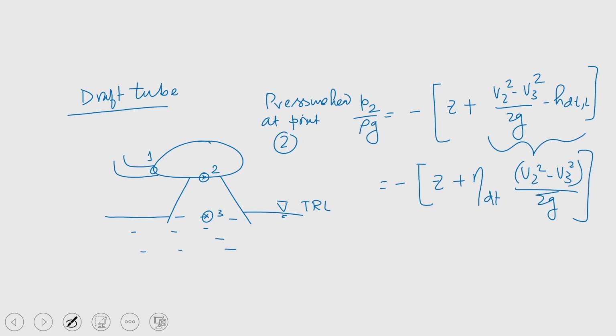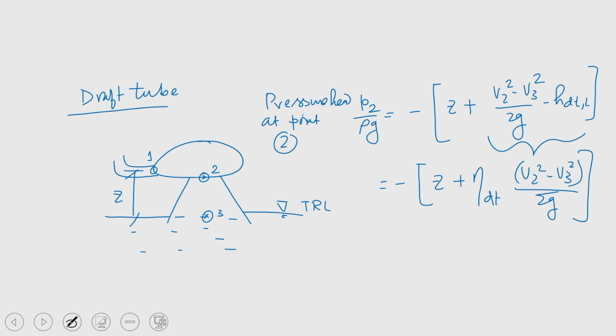What we can see from this particular expression is that if I try to discuss Z, so this is the Z. We have seen that this particular component is responsible to set the turbine above the tail race level. So, we can set the turbine above the tail race level only because of this particular component, that is the draft tube.